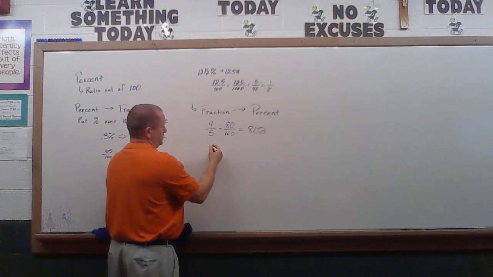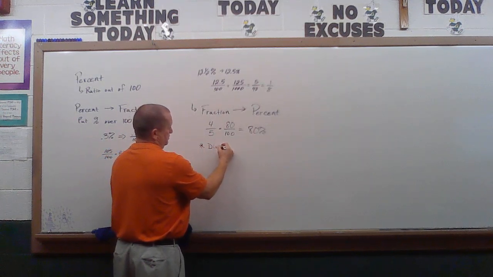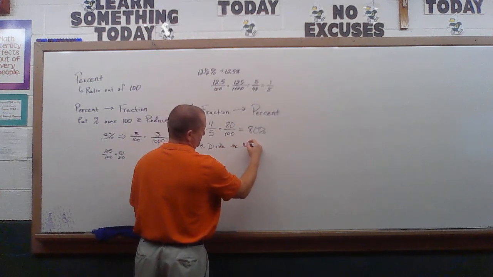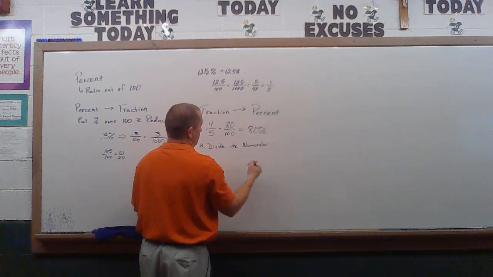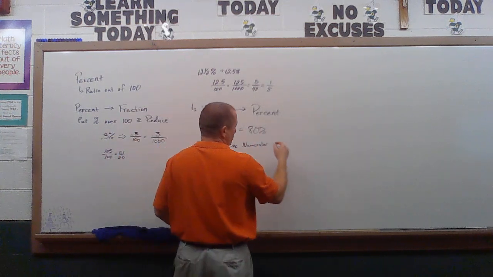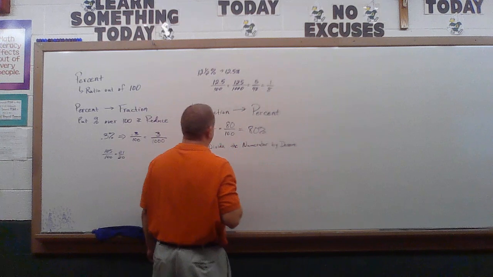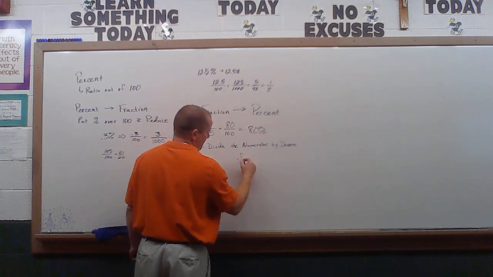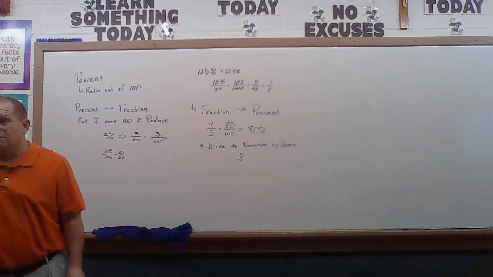Another way that I could do this is I could divide the numerator by the denominator, because remember, division is shown by a ratio, right? So if I divide this, what would I get? I would get 0.8, if I punch 4 divided by 5 into my calculator.